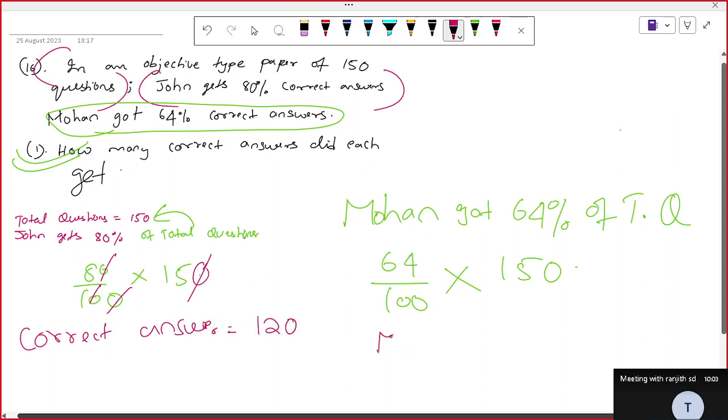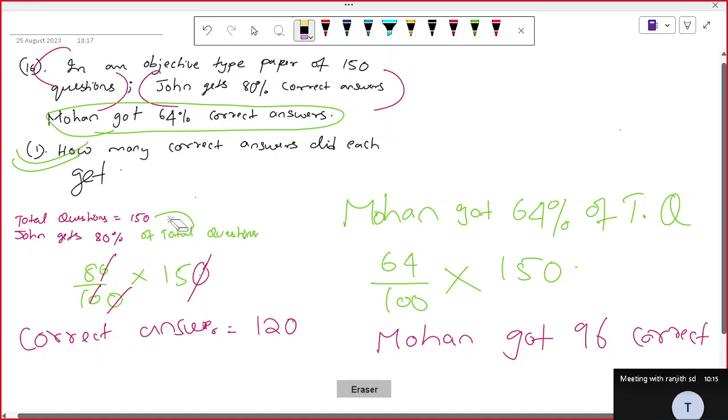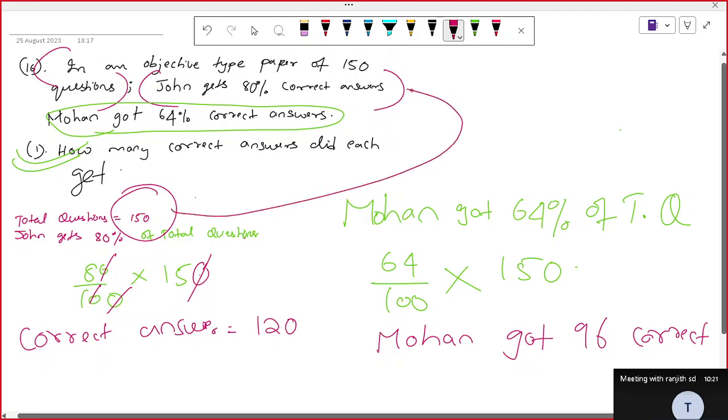What about Mohan's correct answer? 96. Mohan got 96 correct answers. So the total question is 150. Instead of asking how many questions were correct, they've asked how many answers were right. Both are the same, only the words are different. The value is the same.